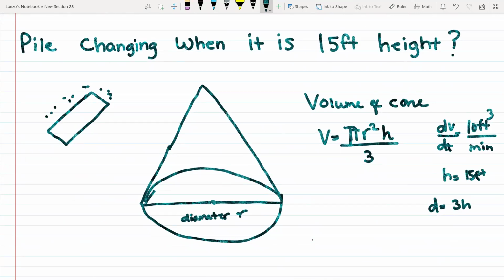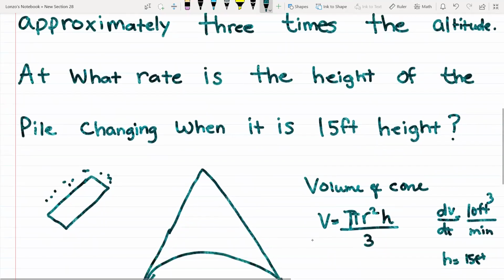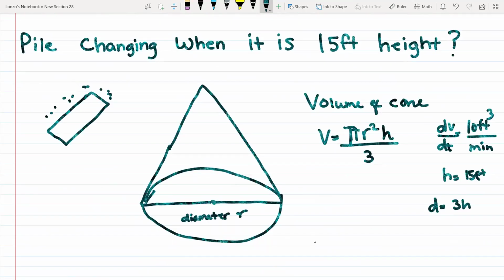And what are we trying to find? We are trying to find the rate at which the height changes, dh/dt.